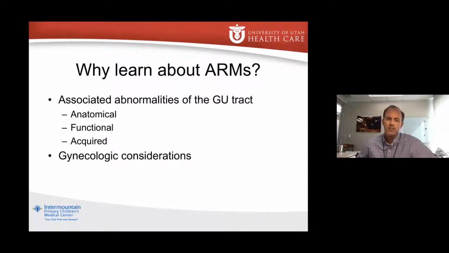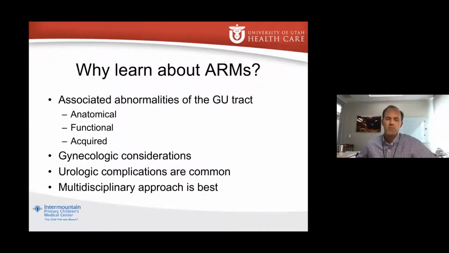There are also gynecologic considerations, and in many programs, the urologist will take care of and help with managing gynecology issues if you don't have a full-time pediatric and adolescent gynecologist. And urologic complications are also common in these patients. And finally, I think that wherever you end up, a multidisciplinary approach is really best for evaluating and managing and long-term follow-up of these patients.